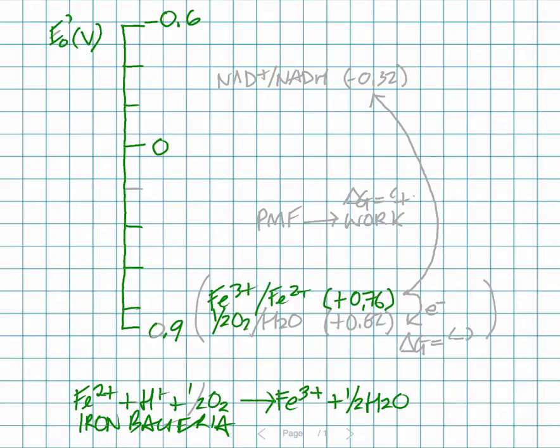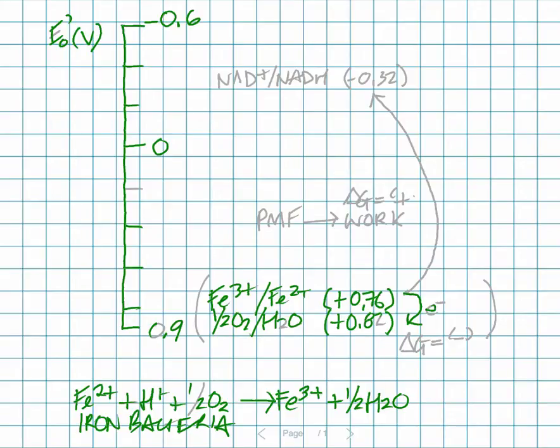Let's put the oxygen on there, and then the reduced oxygen, the water, and that has a standard reduction potential of 0.82 volts. So there are those two, and because the standard reduction potential of the Fe3+/Fe2+ couple is less positive than the half oxygen/water couple, electrons are going to move spontaneously to the oxygen to produce water.